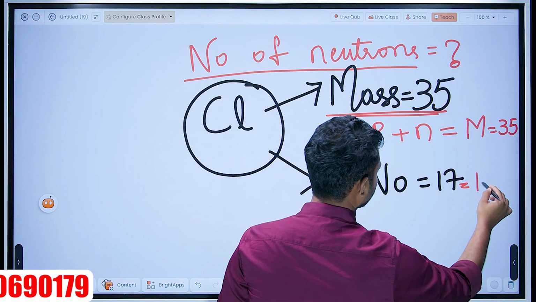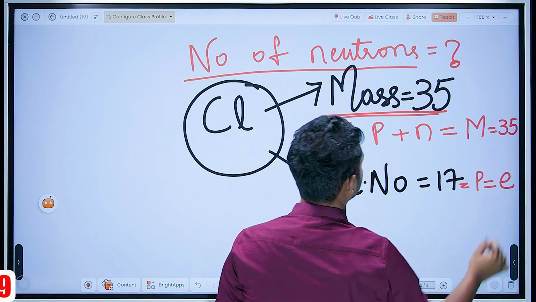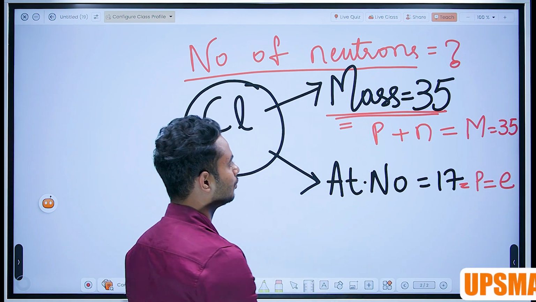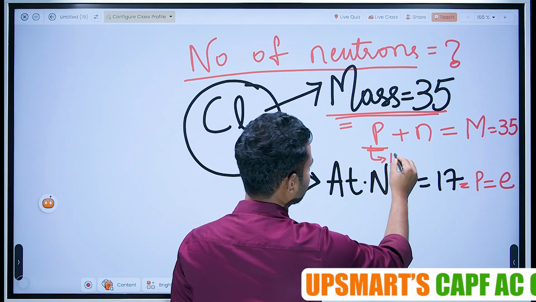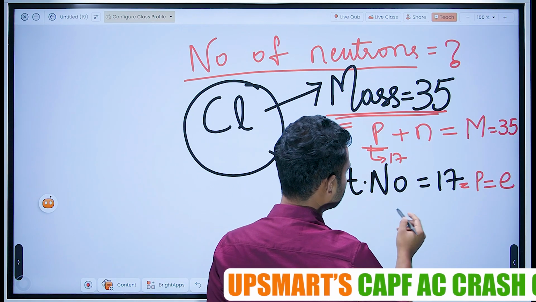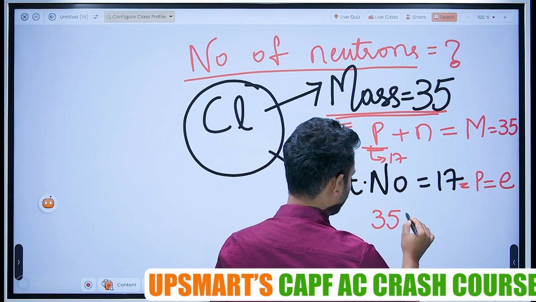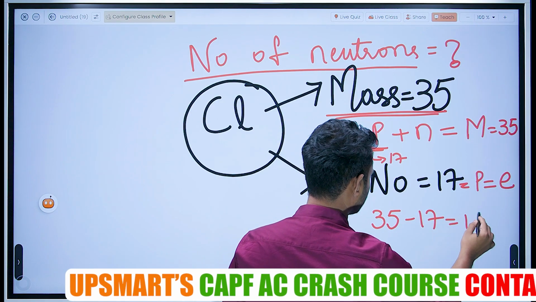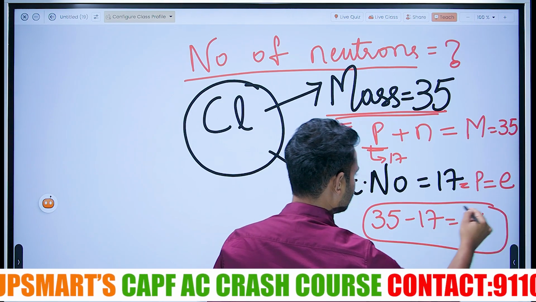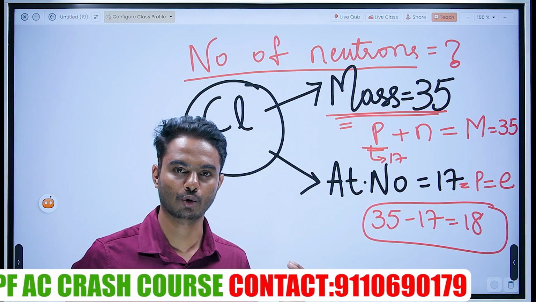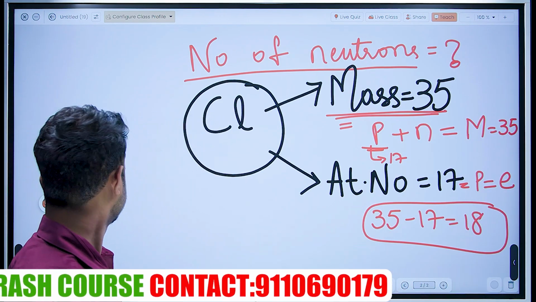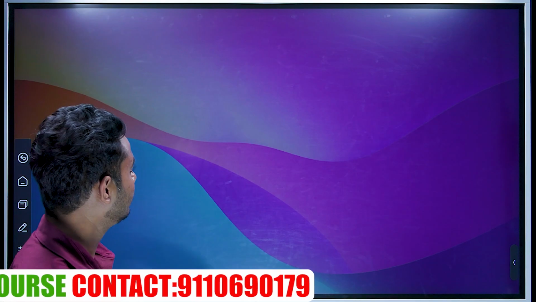That is equal to protons. Now you substitute this proton as 17. What you get, the number of n is 35 minus 17 is equal to 18. Easy with this. This is the way you can calculate the number of protons, electrons and neutrons. Easy. We'll go ahead.